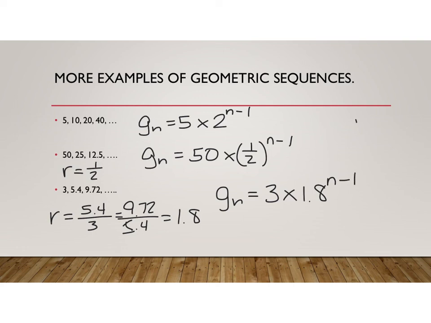If I asked you to find in any of these sequences what the 8th term is, g sub 8, you would just put 8 in for n. So in this case, you would take 5 times 2 to the 7th power, or 50 times 1/2 to the 7th power. That power will always be 1 less than the term.